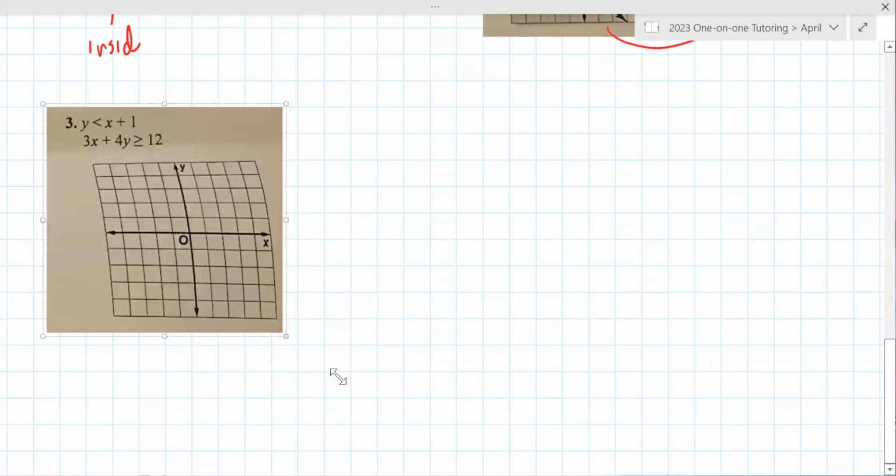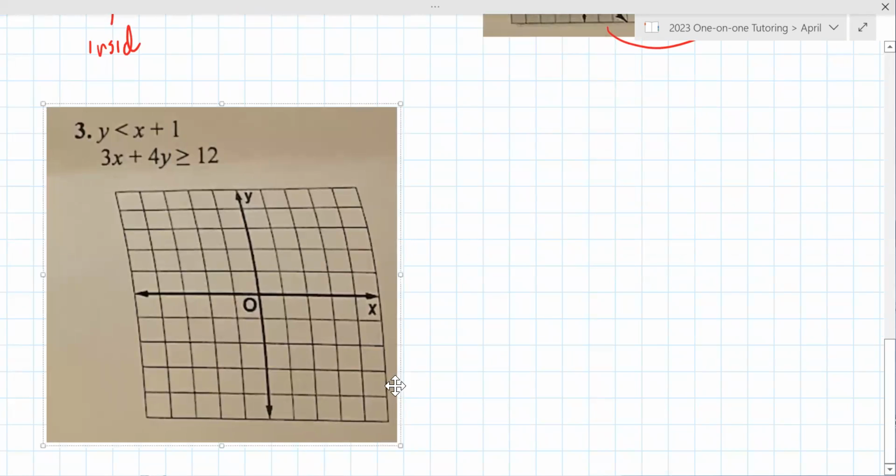All right. So new problem here, number 3. We will go back to number 1 at some point. You'll realize how simple it is when we get there. I want you to graph the first one, and then we'll talk about the second one.